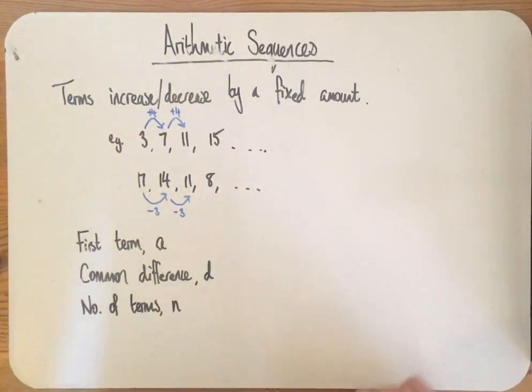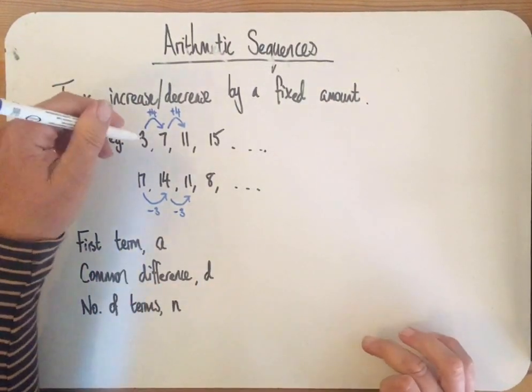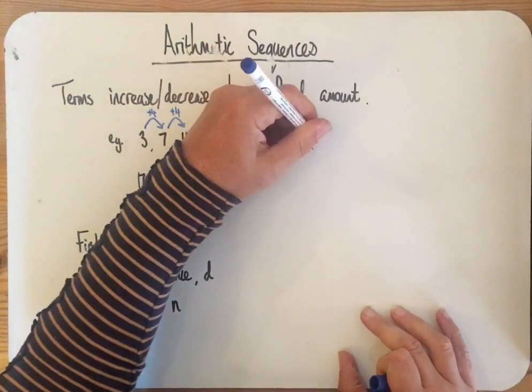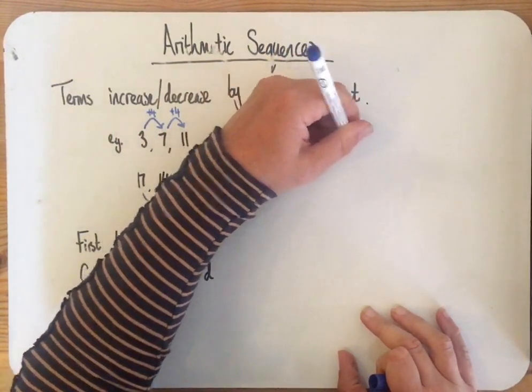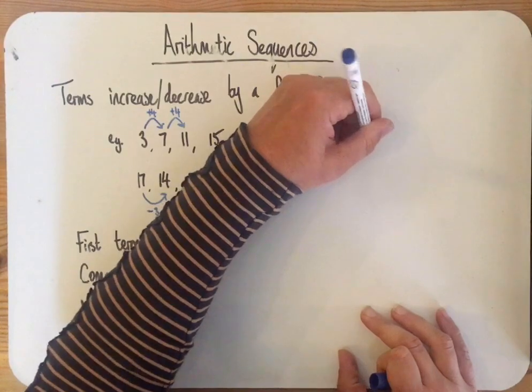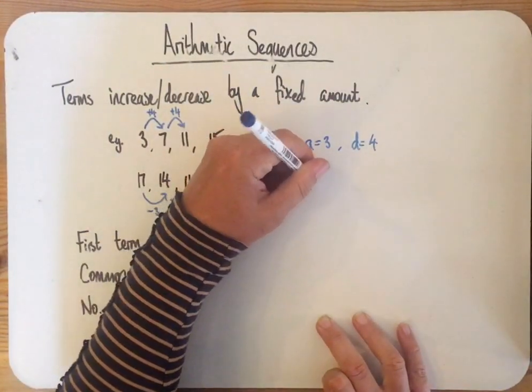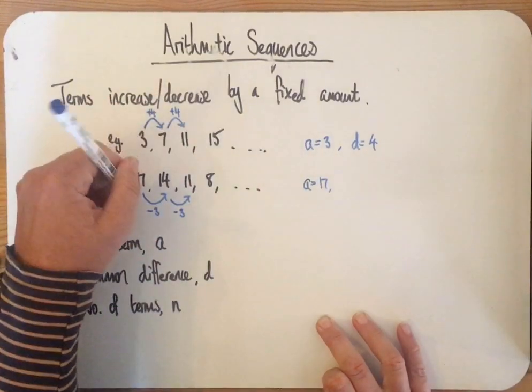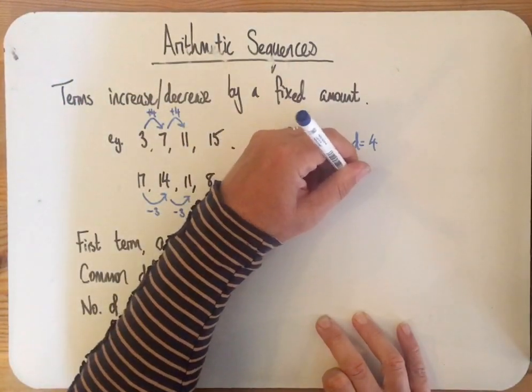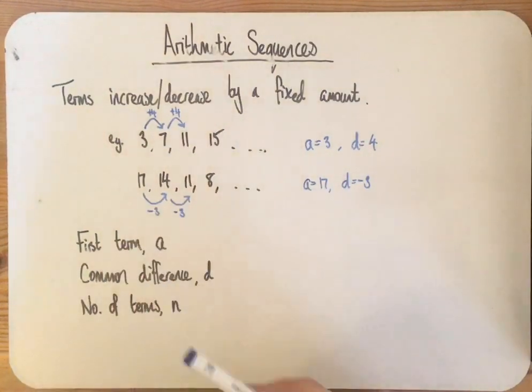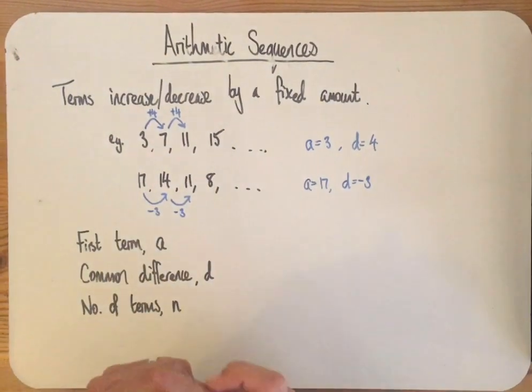So these are both infinite, so I put some dots on them, but for this one A is 3, D is 4, so the common difference, what's the difference between the second term and the first term? This one A is 17 and D is minus 3. And that will give you a decreasing sequence.